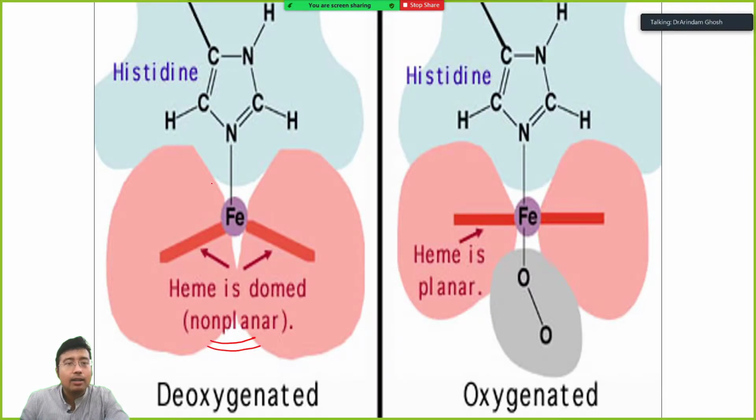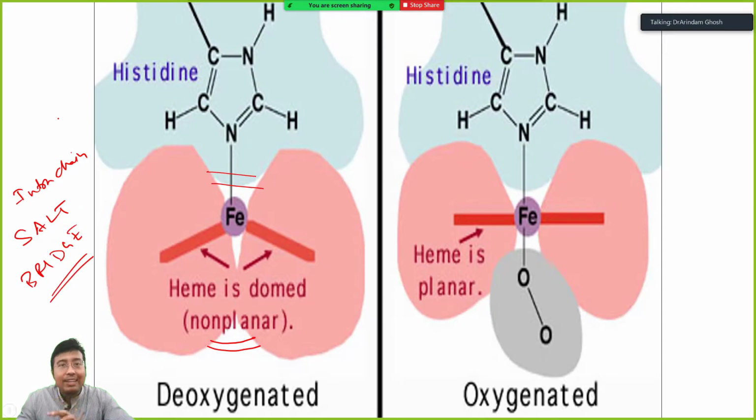There are multiple intra-chain salt bridges. These salt bridges actually stabilize the deoxygenated form of hemoglobin, okay.